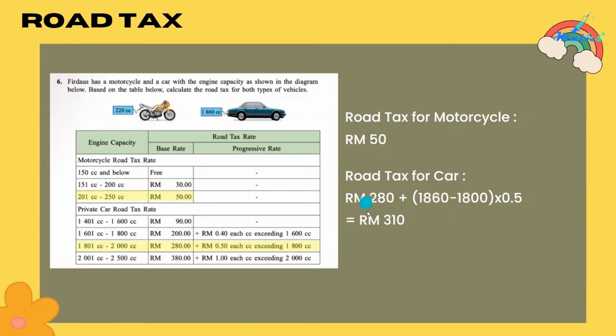This is the base rate and this is the progressive rate, where the 1,860 is already exceeding the 1,800. So we use the capacity and minus the first 1,800 and we times the rate, which is 50 cents, and we combine it, and this is the road tax for the car. So it is very easy.